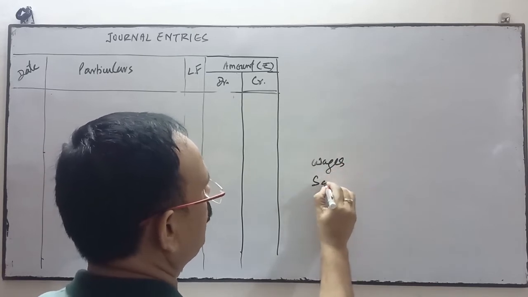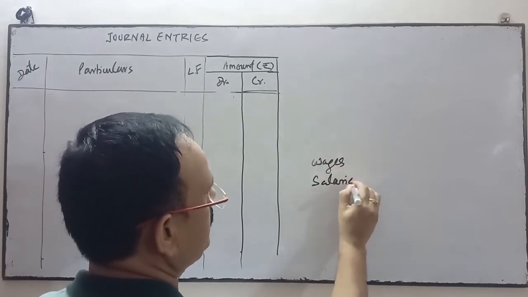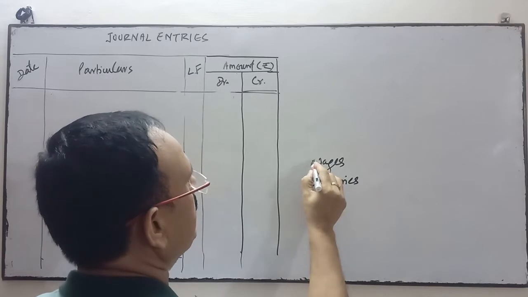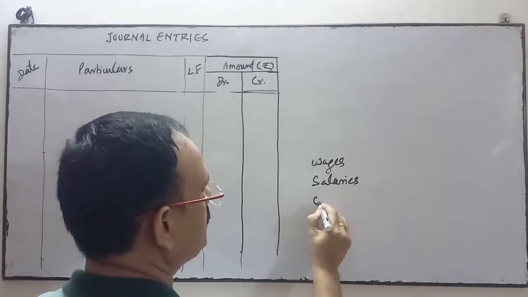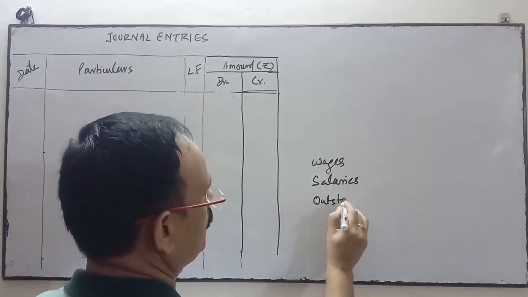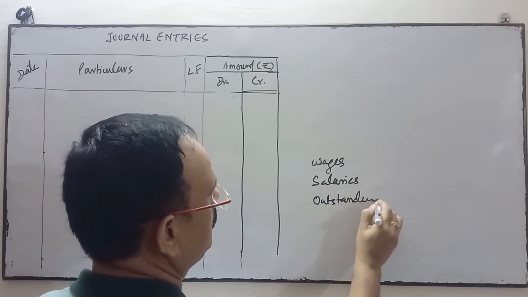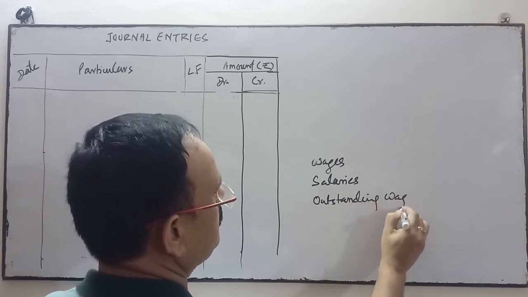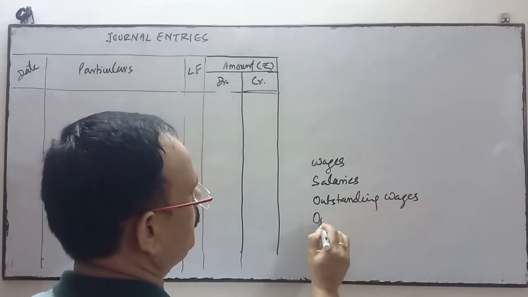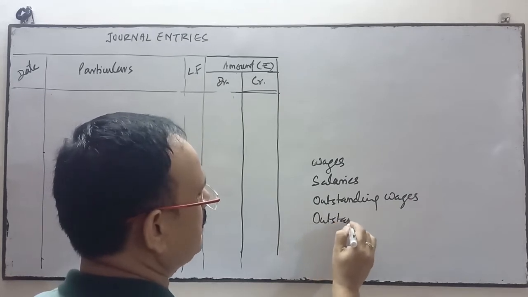and salary account will be opened, wages and salaries, and at the same time we will open the outstanding wages account because we have not paid wages, and for salary we will open outstanding salary.